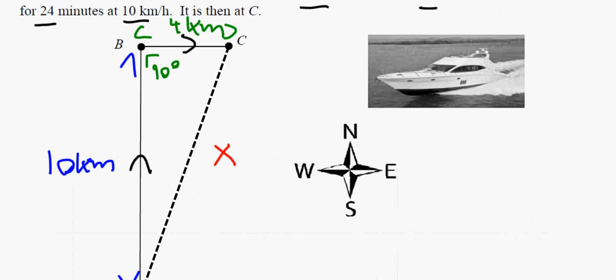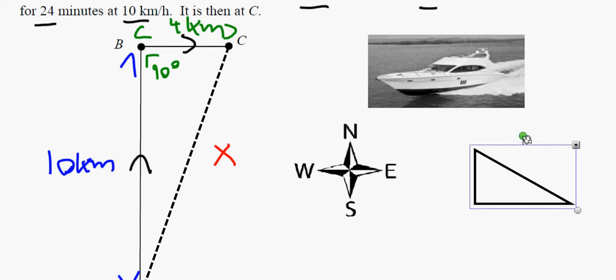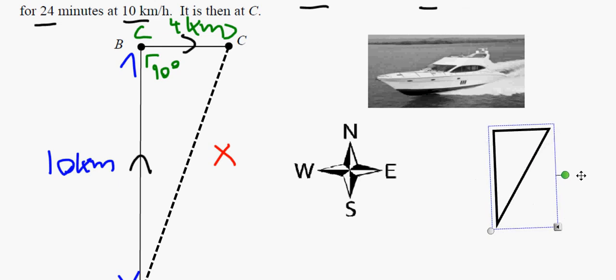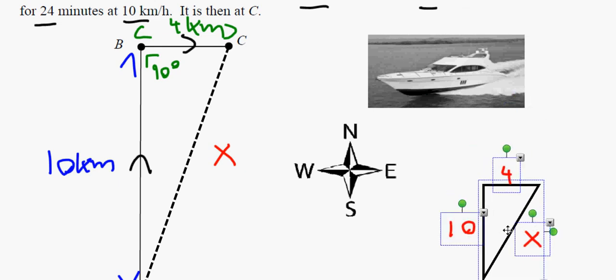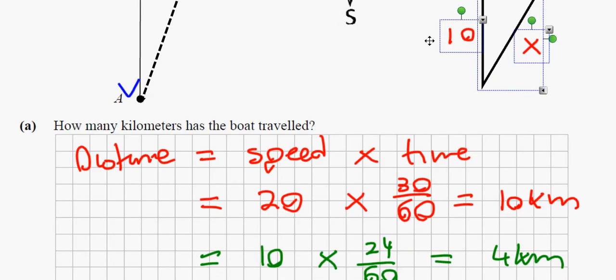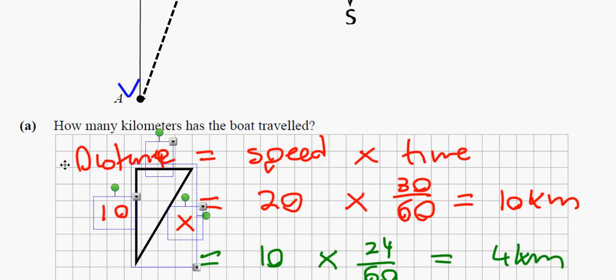If I was to make a smaller triangle here, and rotate it around to make it look like the one we had a second ago, and say this side is 10, this is 4, and this is x, we're just going to work it out using Pythagoras' Theorem now.